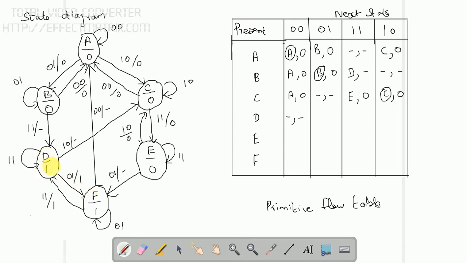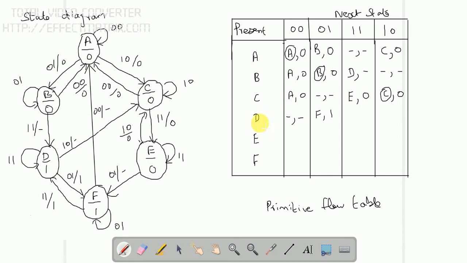Yes, from D to F, I have the connectivity. So I'm not having connectivity from D to B, but I have connectivity from D to F, which is having the input of 0 1. So here I'm going to write it as F, and what is the output here? 1. F comma 1. The output of F is 1.